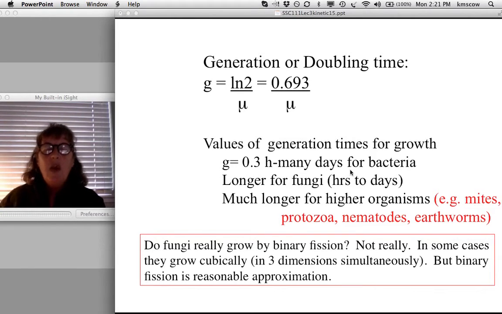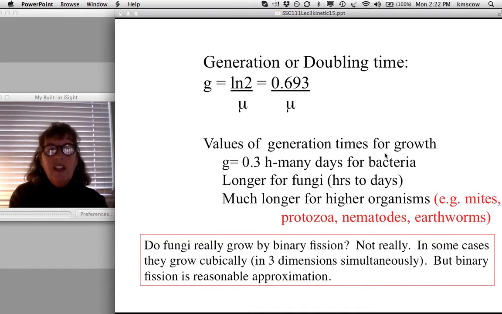And this can be derived in the same way, where the generation time equals the natural log of 2, or 0.693, over the growth rate constant. So a lot of similarities between the first order expression and the logarithmic growth expression.